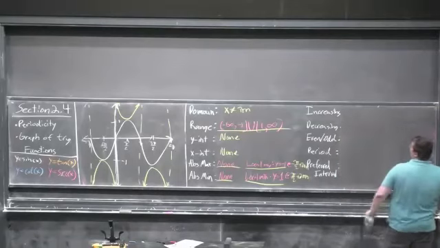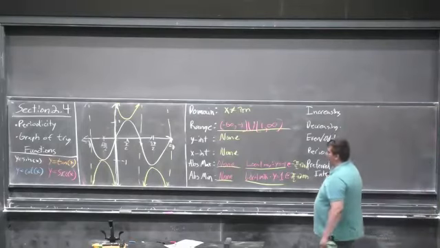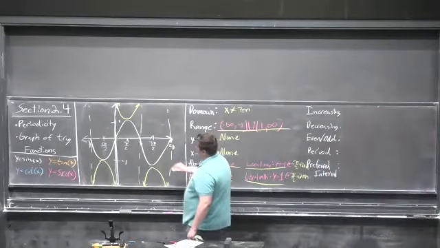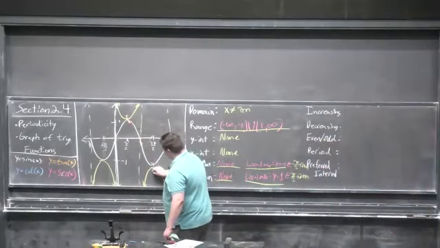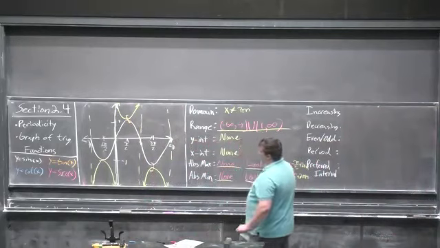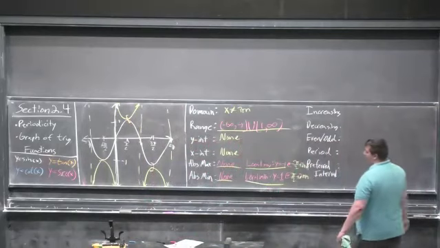So for increasing, we're going to start here and go to about here. And where is that interval?